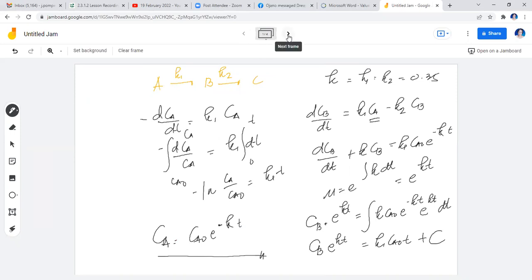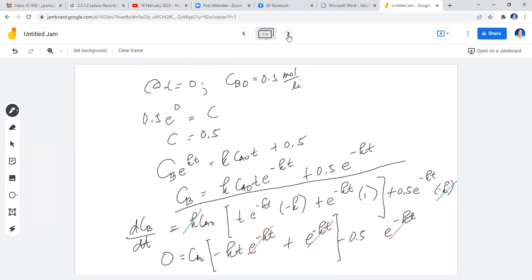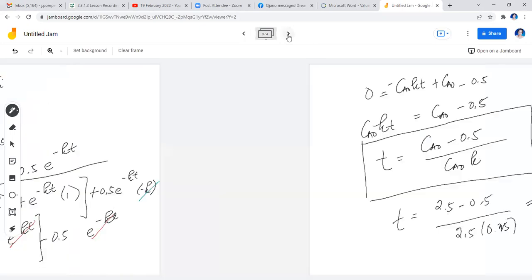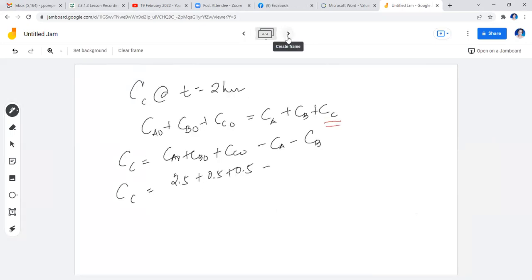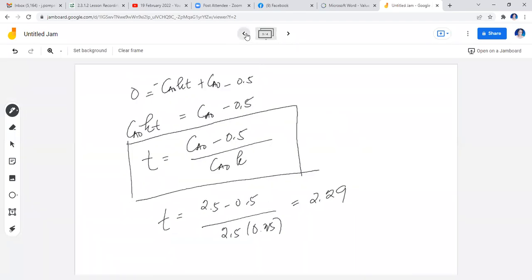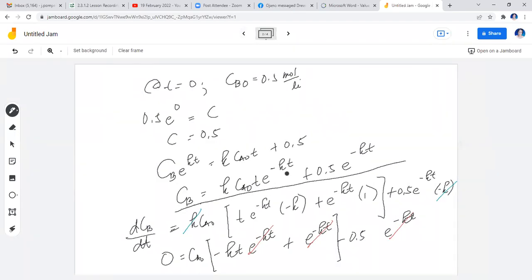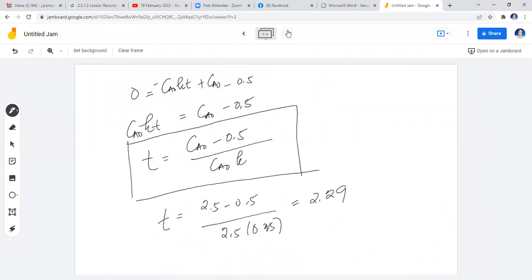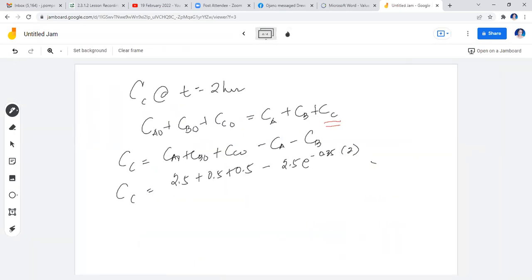So for Ca, e raised to negative kT, this is CaO, so 2.5 e raised to negative 0.35 times 2. This is for the Ca. Our Cb is quite long, so your C sub B would be k CaO T minus k.